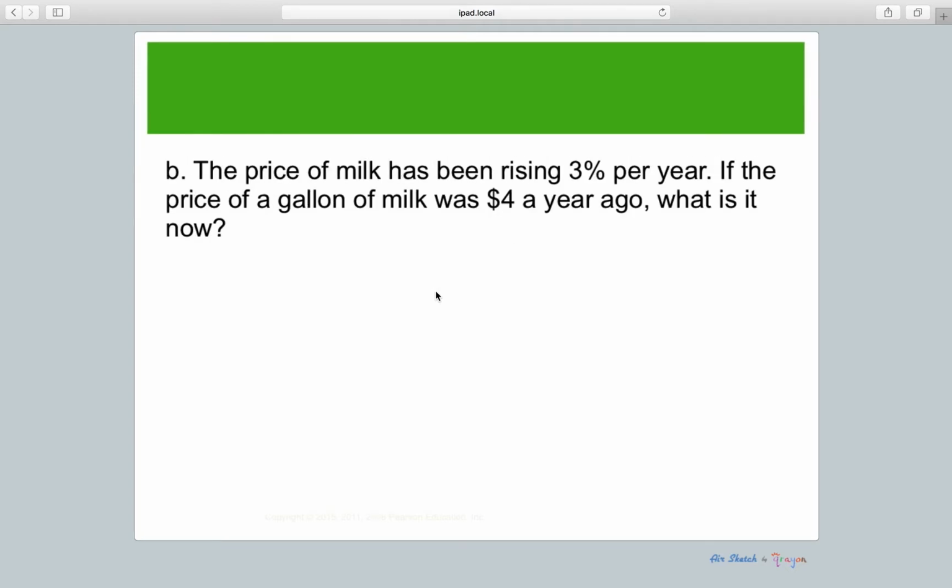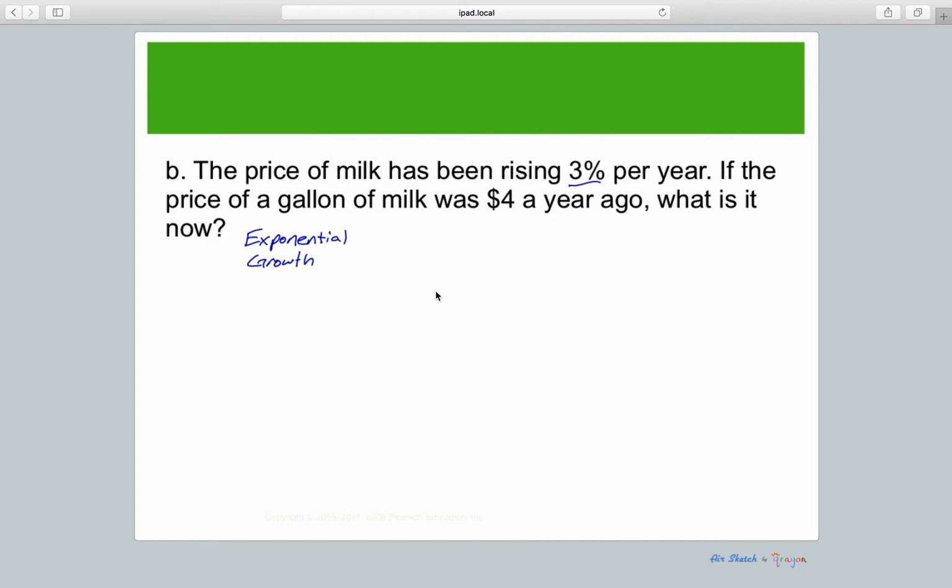All right, B, the price of milk has been rising at 3% per year. What is the price of a gallon of milk if it was $4 a year ago today? This is exponential growth. And the reason we know that is because they gave us a percent it's rising over a unit of time, so 3% per year.